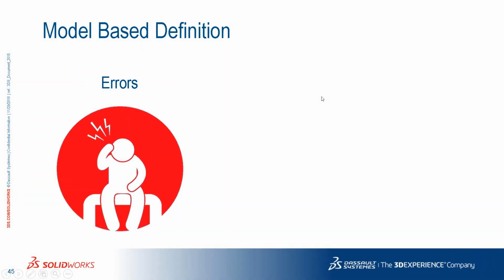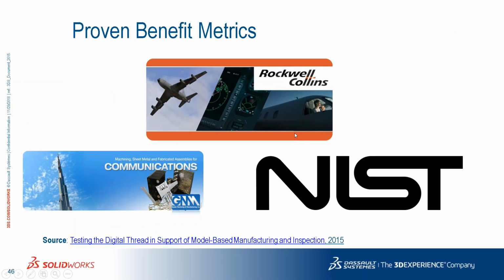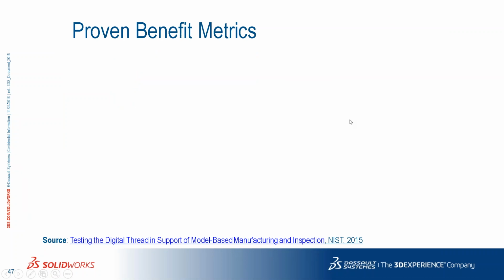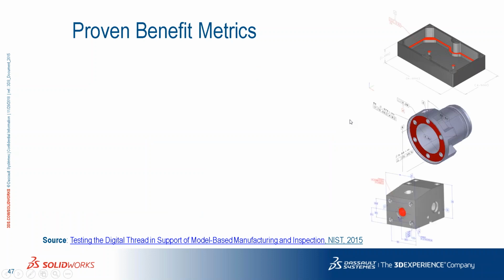But let's see why model-based definition helped URBAN 626. The first thing is that it reduces errors, because there are many studies like the NIST studies that showed that there are many cost savings. They did a benchmark in which 3 models were sent to some manufacturers that base their processes on 2D drawings, and some manufacturers that base their processes on 3D models.